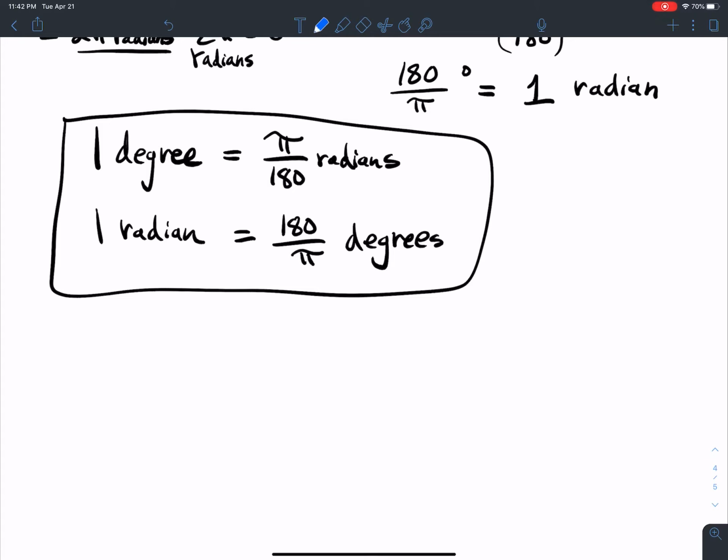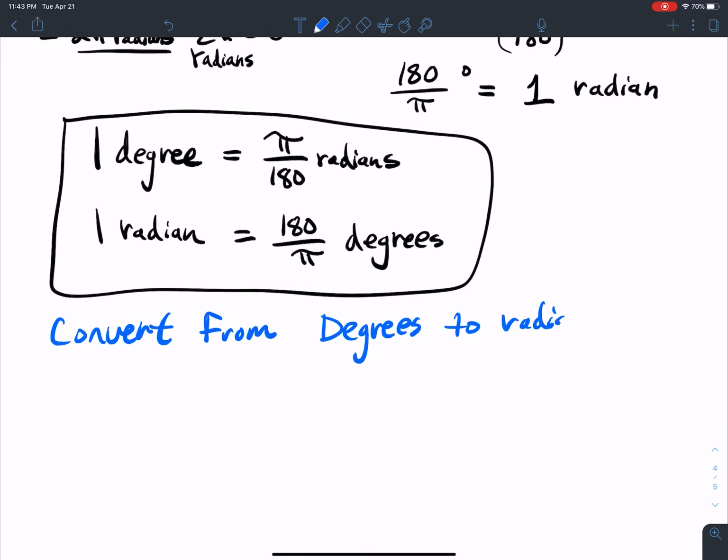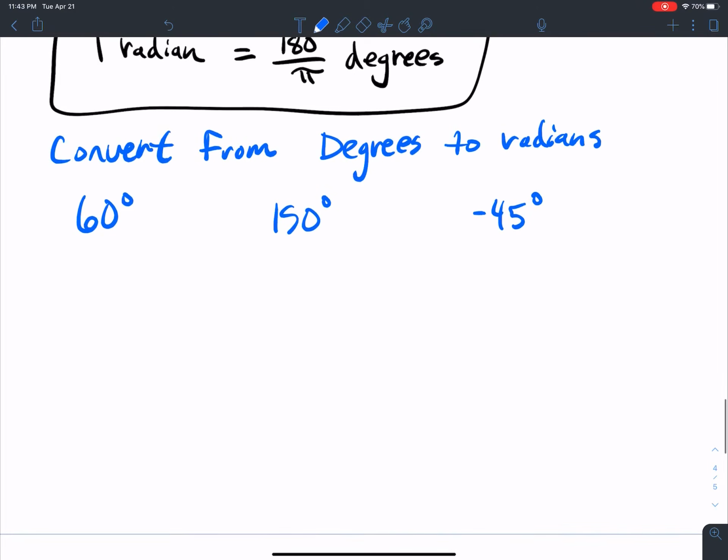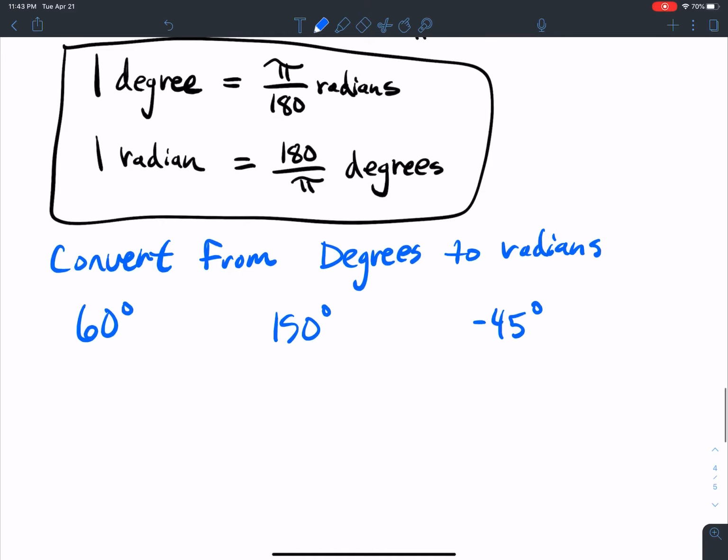So first thing I'm going to do is convert from degrees to radians. So I'm going to have 60 degrees. We'll do 150 degrees. And I'm going to do negative 45 degrees. Okay, so how do I do this? I want to convert to radians, so I know I'm going to be dealing with my pi.